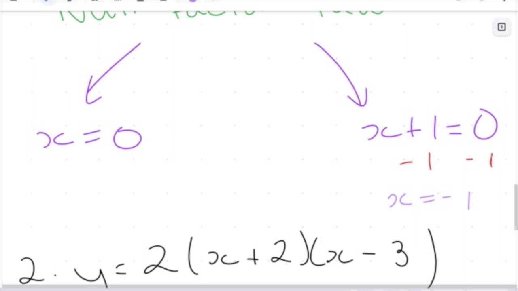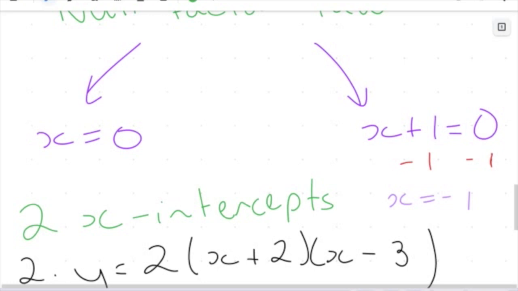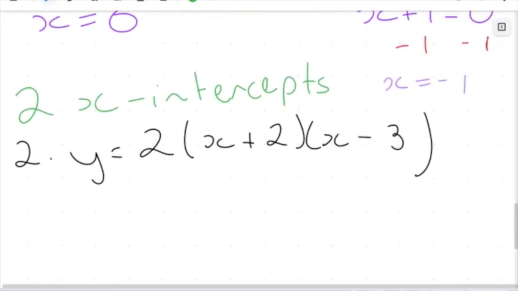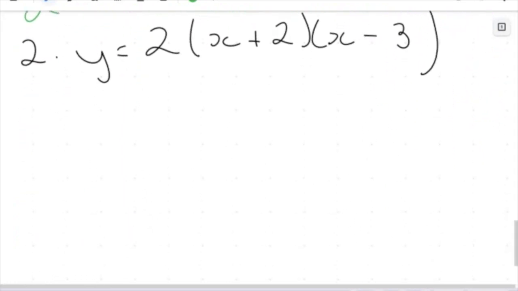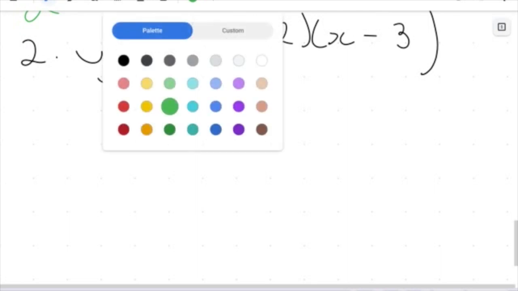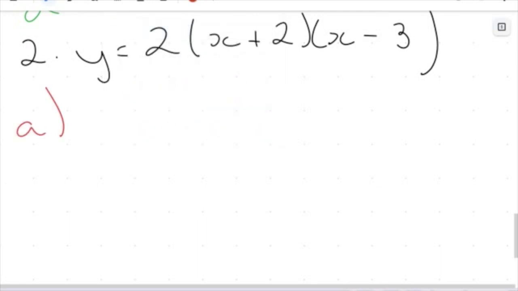That means this parabola, when I end up sketching it, will have 2 x-intercepts, because there are 2 solutions to my quadratic equation. Now, what about this one? So first of all, for the y-intercept, we're going to set x to equal 0.